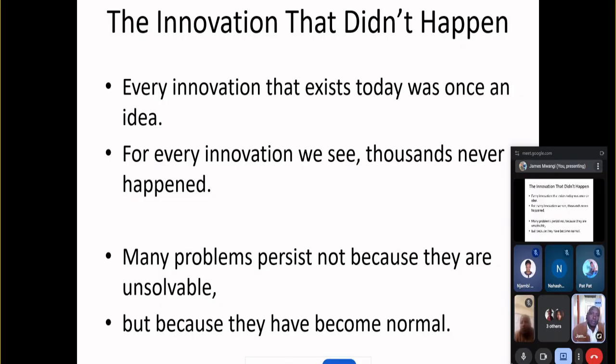As we said yesterday when we were talking about innovation, let me read it here, just to read what we said. What is an innovation? We said the core truth of innovation is that innovation is not limited to experts.